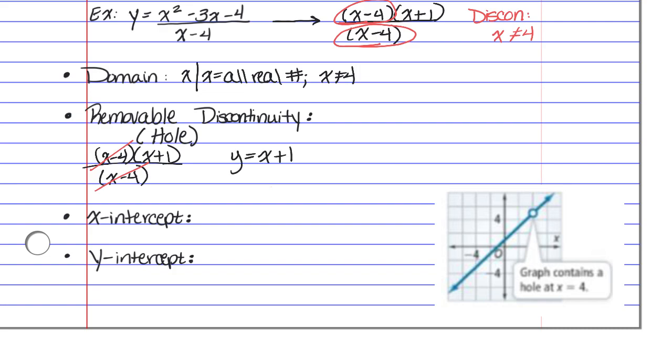What we're going to do is evaluate that at the only point that we cannot use, which is x equal to 4, to see where exactly the hole in my graph occurs. If I substitute in my 4, I get a y value of 5. So I have a hole at the point 4, 5.